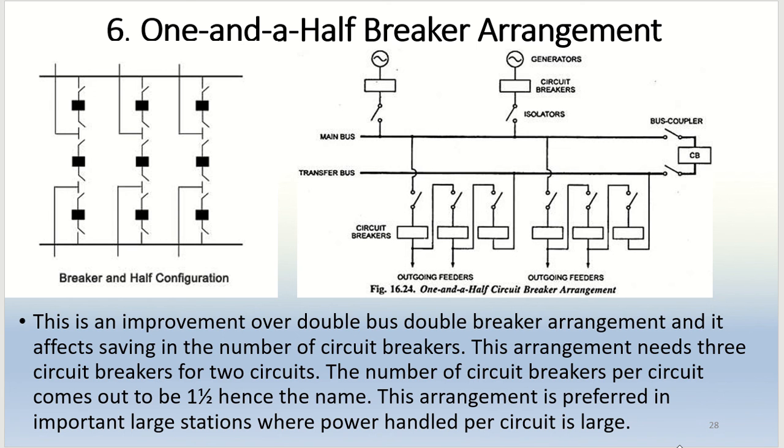This is an improvement over the double bus double breaker arrangement, and it saves on the number of circuit breakers. This arrangement needs 3 circuit breakers for 2 circuits. The number of circuit breakers per circuit comes out to be 1.5, hence the name. This arrangement is preferred in important stations where the power handled per circuit is large.